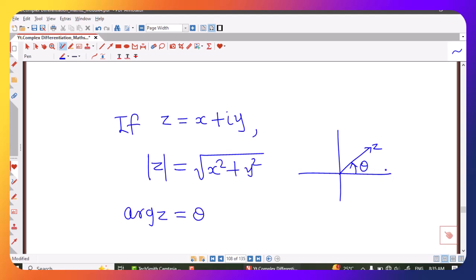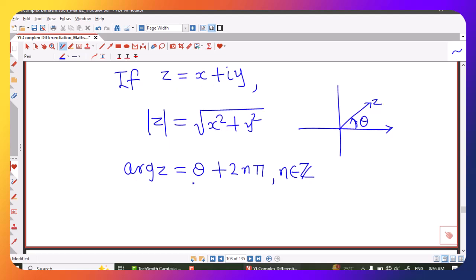And if we have theta as the argument of z, then we can prove that theta plus 2n pi for n belongs to z is also an argument of z, that we have discussed in lecture number 1.